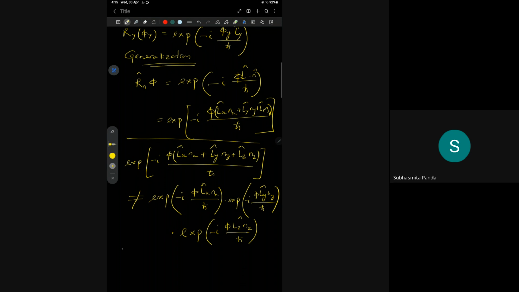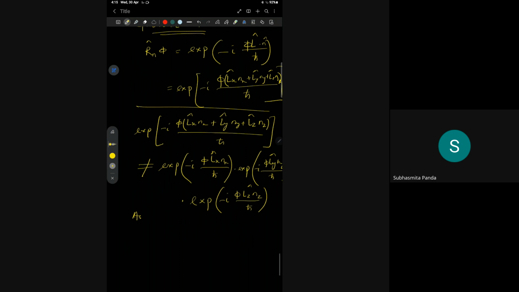What is the reason? The angular momentum operators do not commute.